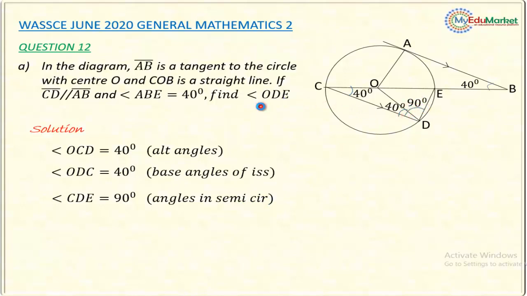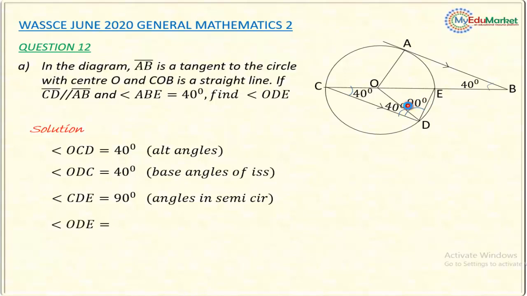But the question requested us to find the angle ODE, this very angle. From here to here is 90, and this small angle is 40, which means if I remove 40 from 90, it will leave me with angle ODE, the one asked in the question.